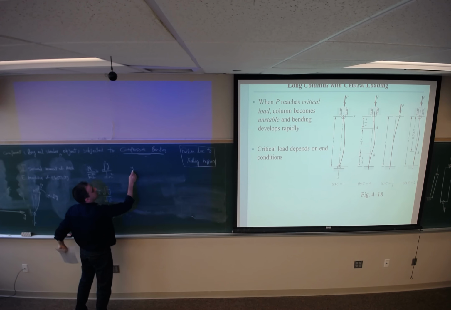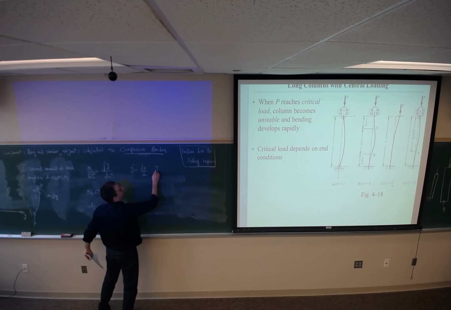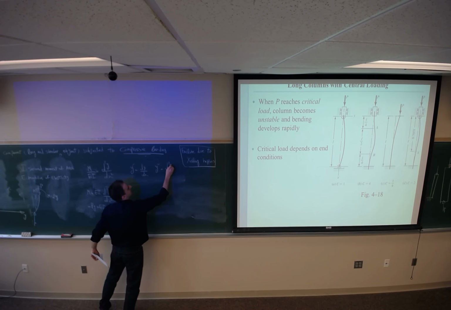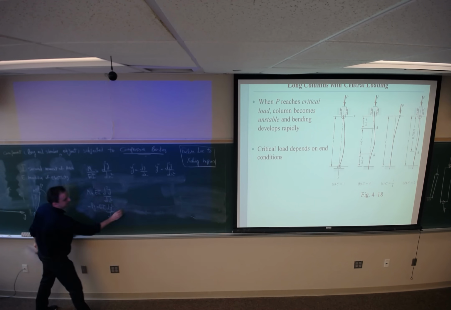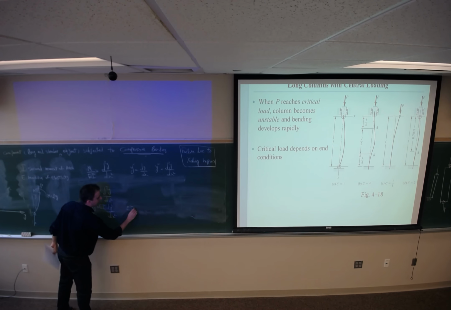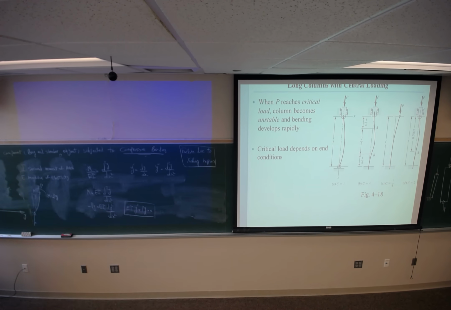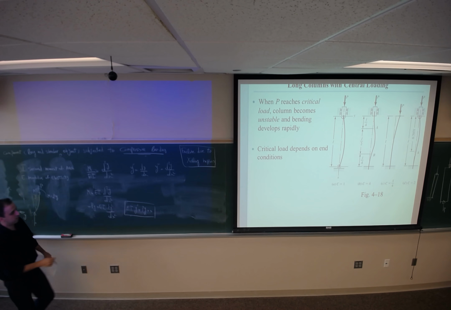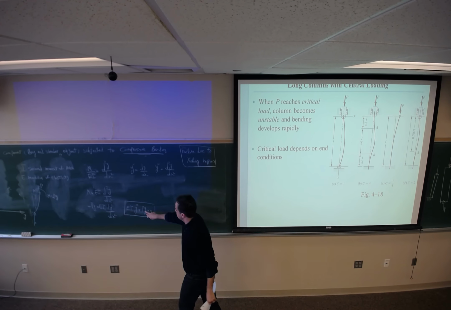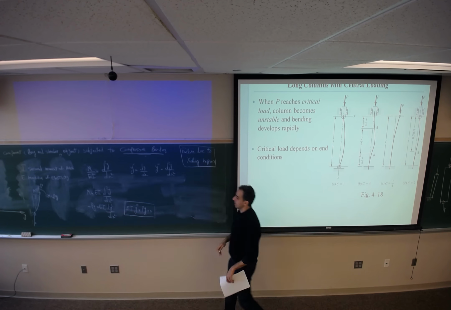Y prime is the first derivative, Y double prime is the second derivative. So if I replace here, I will get EI Y double prime plus PY equals 0. It's a second order differential equation, homogeneous, because the right hand side is 0.